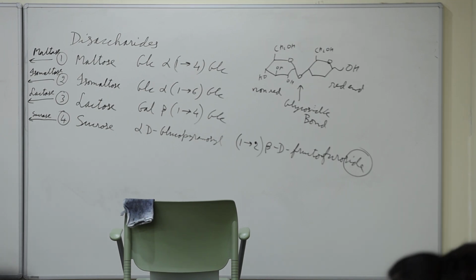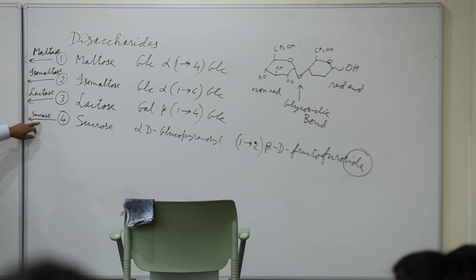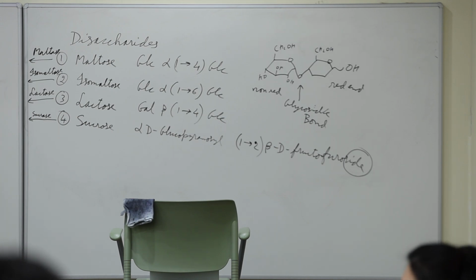Since you are in pharmacy, there will be certain diseases associated with deficiency of enzymes. The maltase and isomaltase really doesn't have much deficiency. There are some people who have a deficiency of sucrase, especially in the northern Alaska or northern Canada region. But very few people have a deficiency of sucrase.